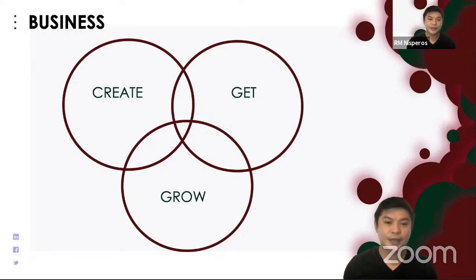That's one function. And lastly, you grow. That growth is summed up by your profits. When you get profits, you either reinvest or you get the profits from your labor, so you get a return from your investment.